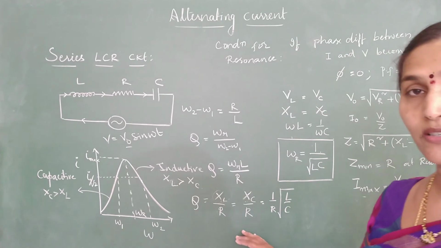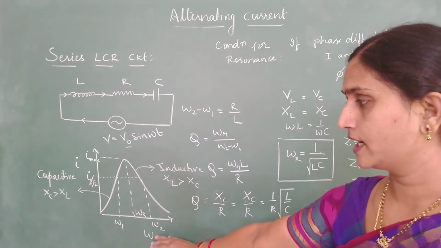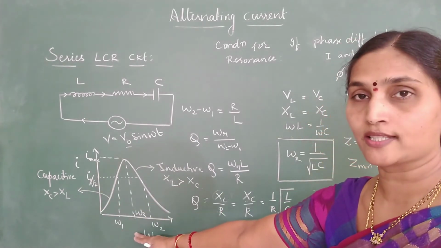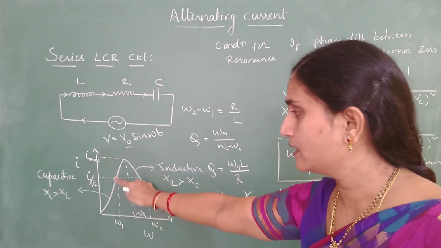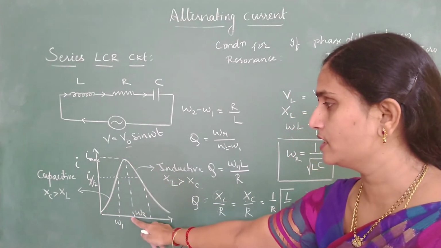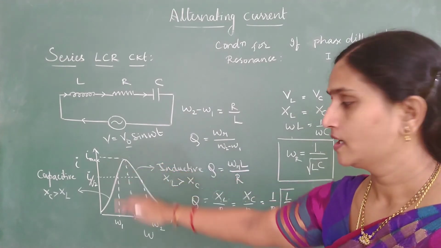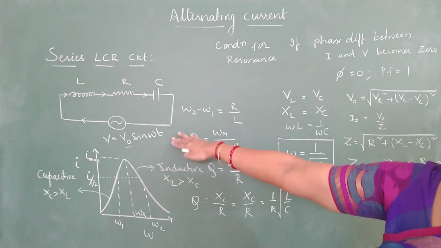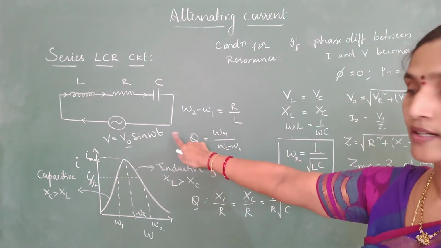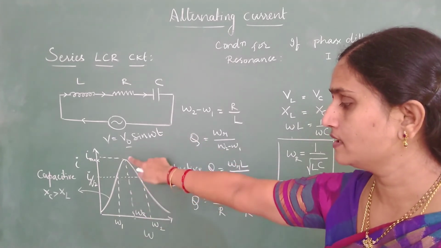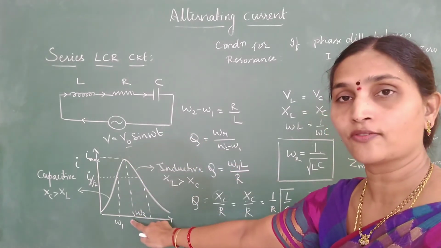So for a series resonating circuit, if you observe the graph between current and frequency, it is clearly visible that at a particular frequency, current is reaching its maximum value. So if you give a set of frequencies to an LCR circuit, it will accept the frequency which is matching with the resonating frequency.